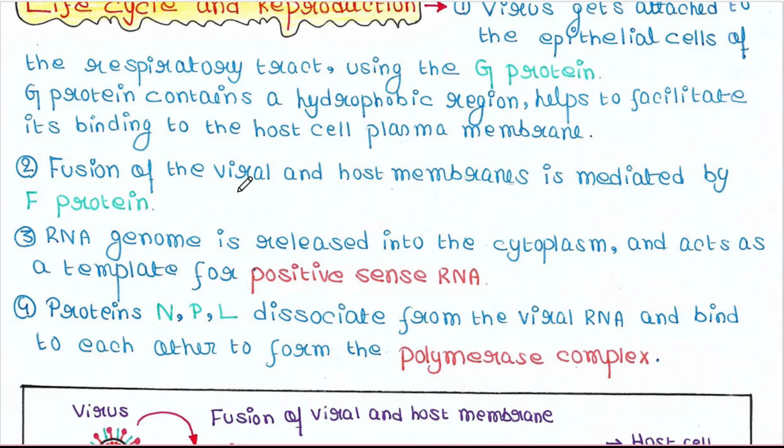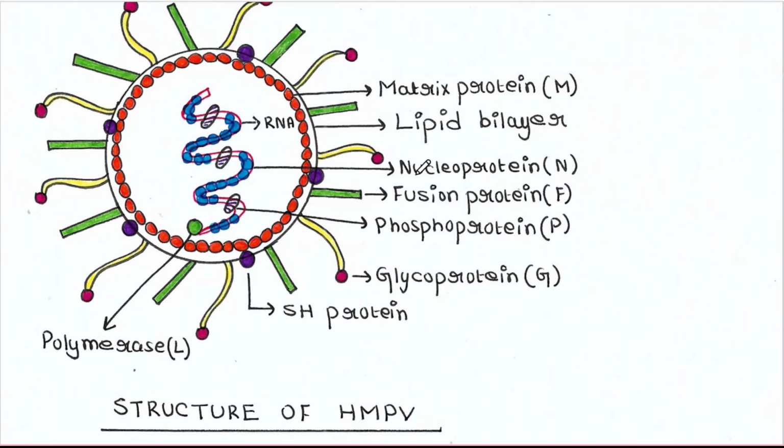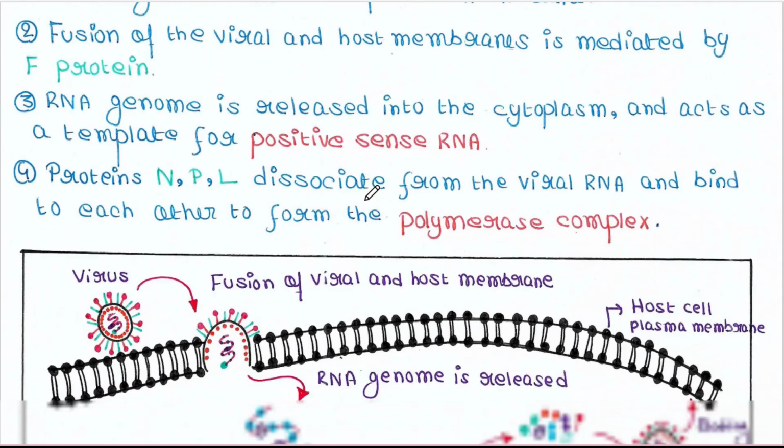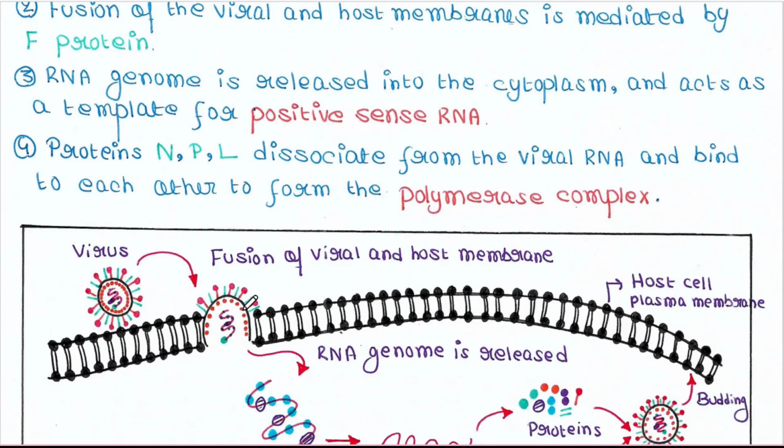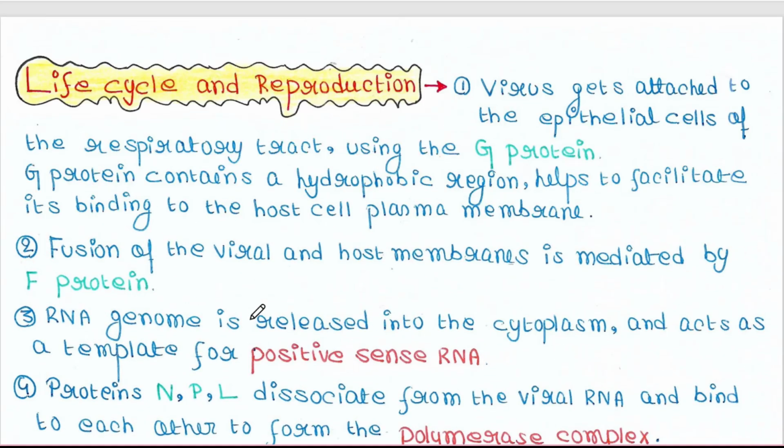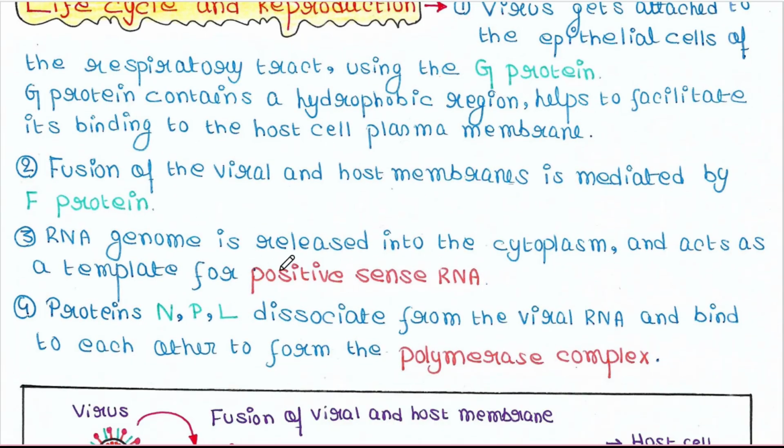Next step, fusion of the viral and host membranes is mediated by F protein. So these are fusion proteins, F proteins, and through those F proteins, the virus gets fused to this plasma membrane.